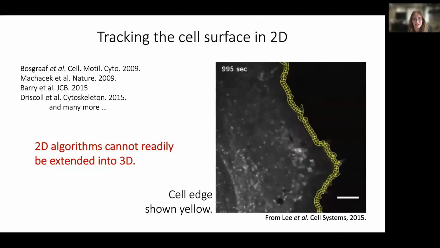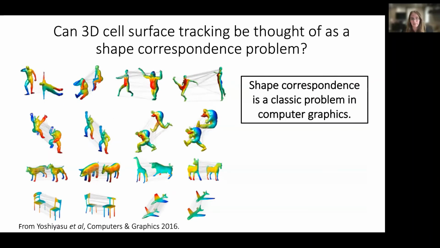All right, so what I did was to step back and ask if we could think of it, rather than thinking of it as a tracking problem per se, if we could think of it as a shape correspondence problem, right? So here we can use various sorts of information to just generate some sort of local correspondence between points. So say map the head of this person to the head of the gorilla, or the nose of the plane to the nose of another type of plane. And there are many, many shape correspondence algorithms in the computer graphics literature.